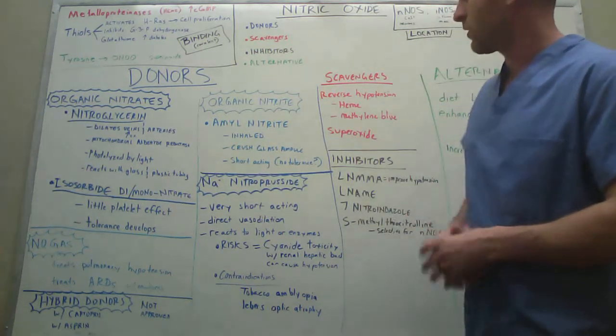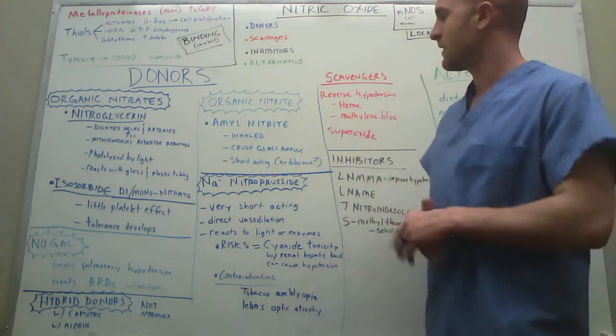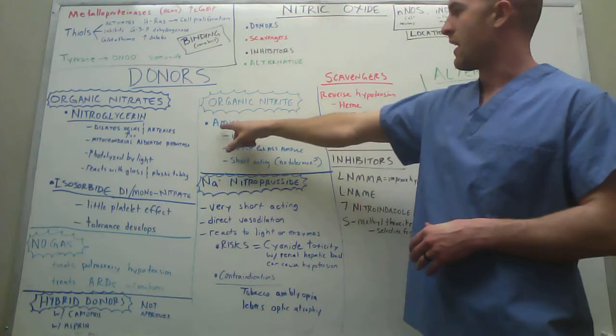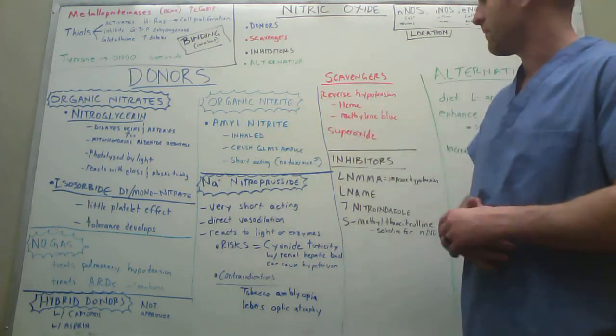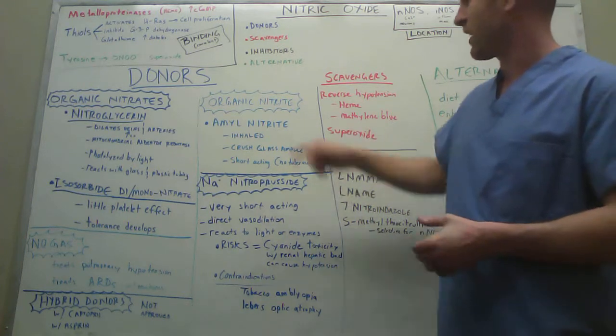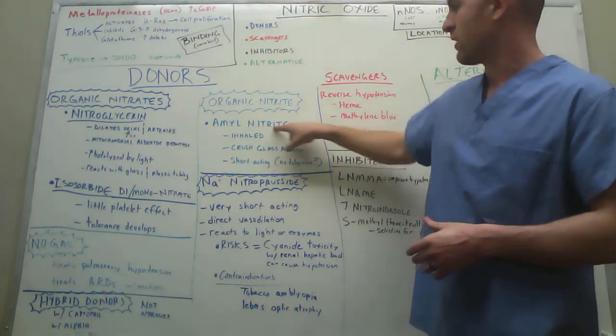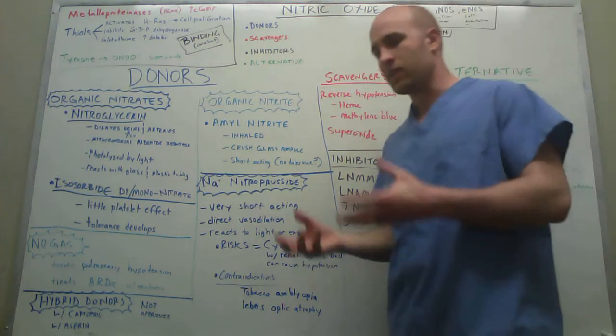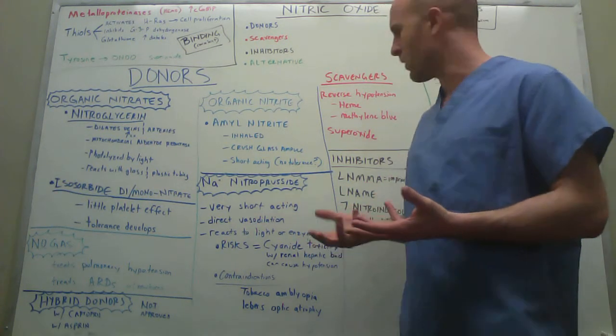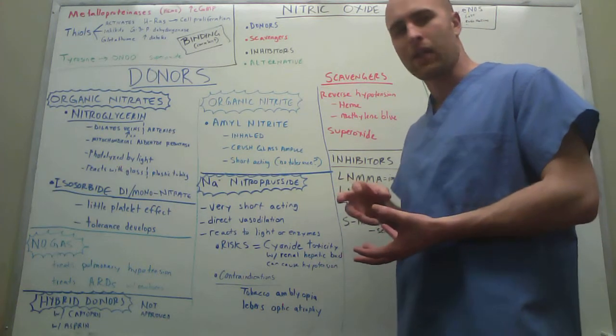Organic nitrite. So the organic nitrite is, I don't know how to pronounce this, amyl nitrite. It has the word nitrite in it, so you know it's organic nitrite. And this is something that is inhaled. The way they inhale it is weird. Apparently they have these glass ampules.